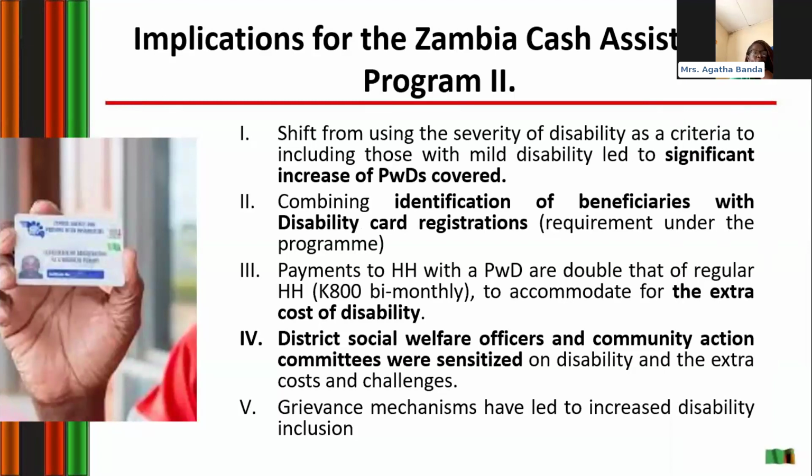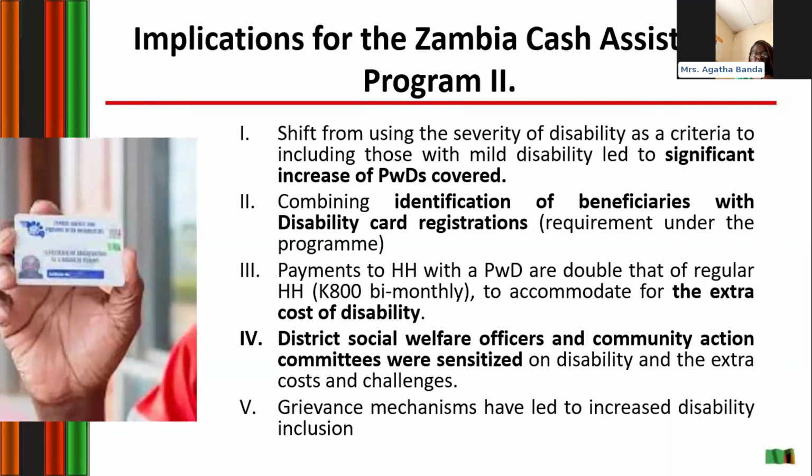Okay. So we've also seen some shifts in the way the program is being administered. One of the shifts is that previously, emphasis was placed on having a severe disability as a criterion for selection.